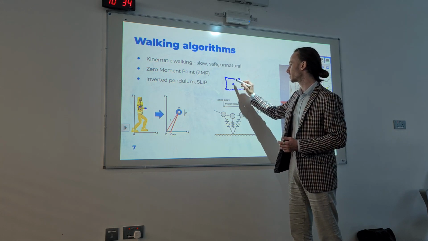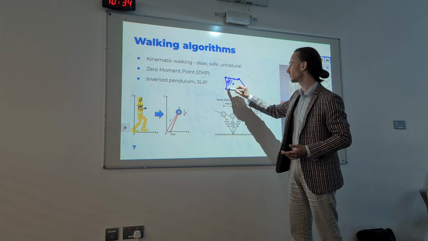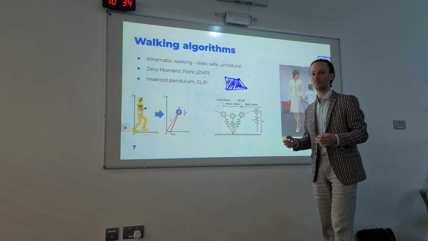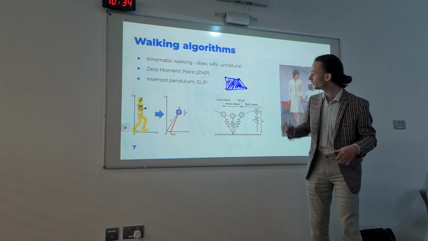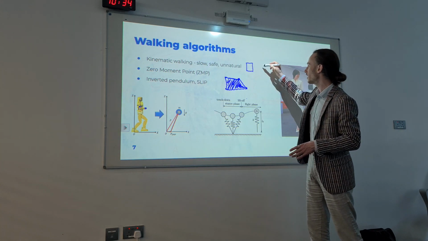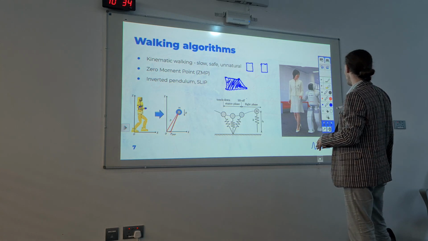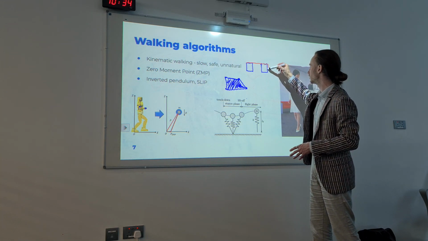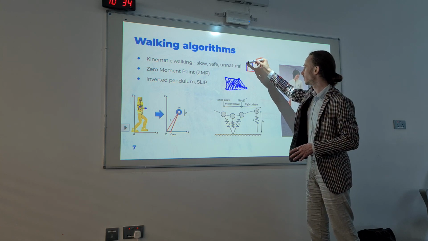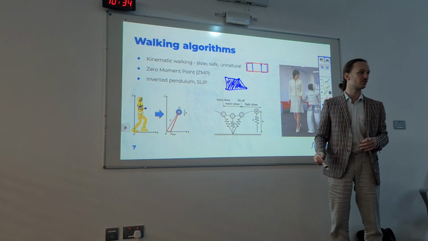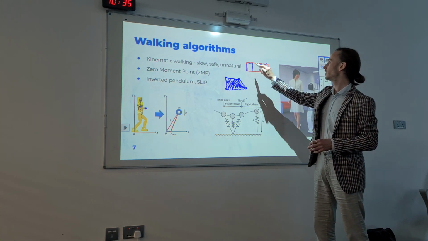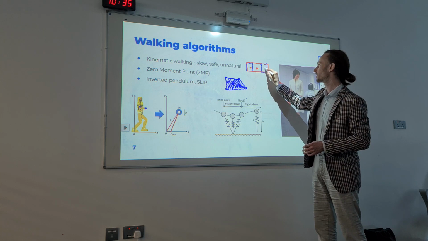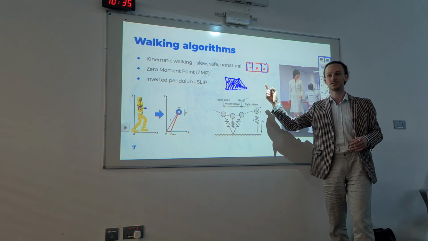Why convex? Because this set of points is not concave, right? So it's convex. And imagine we have two feet on the ground, one and another, the support polygon will be like this. And if the center of mass at all times is over the first leg, in between, or over the second leg, that's fine, the robot will stand still.